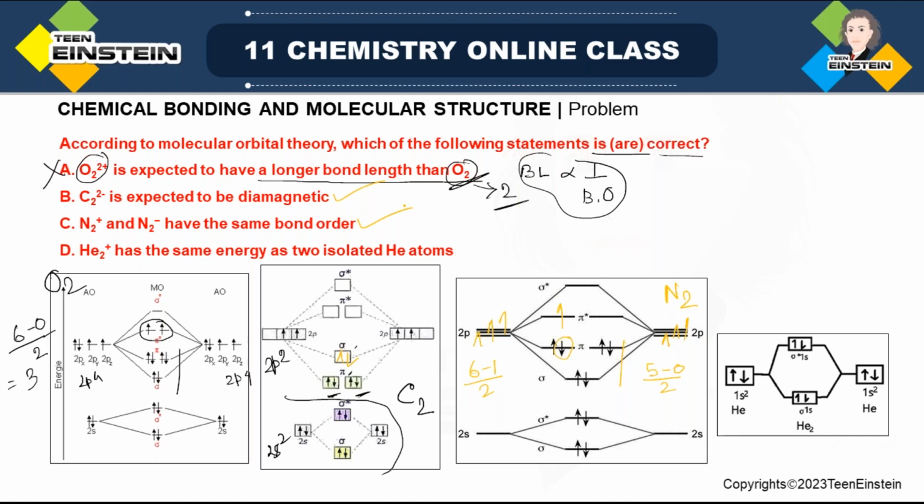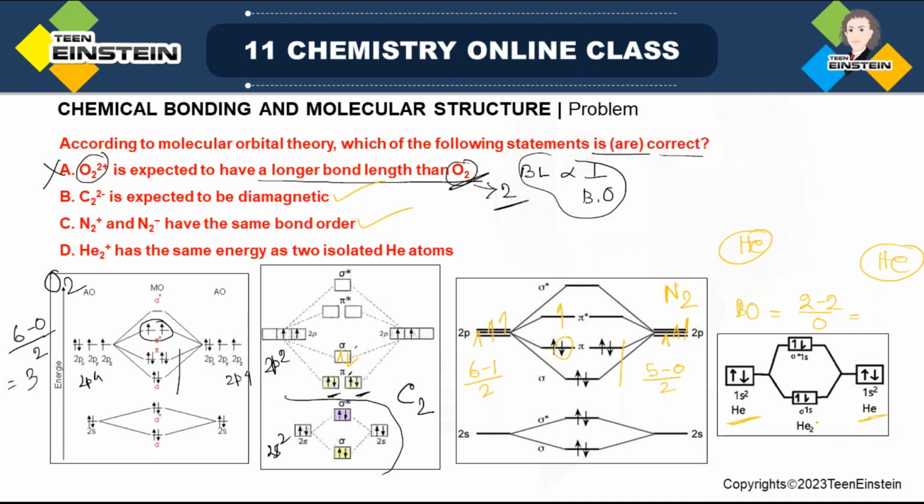And what about the last statement? Helium 2 plus has the same energy as 2 isolated helium atoms. Now, in this case, we have the helium 2 molecule without any charge. We know the helium 2 molecule doesn't exist because here the bond order is 2 minus 2 by 2, which is 0.